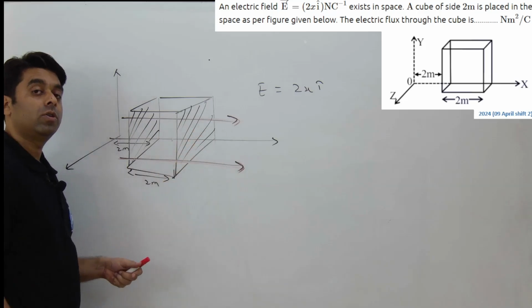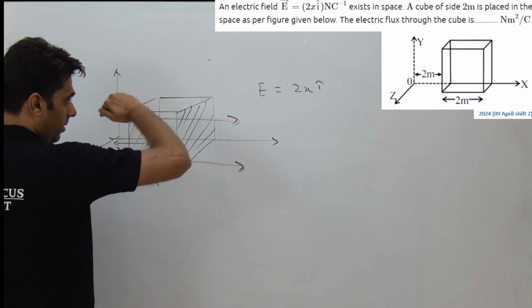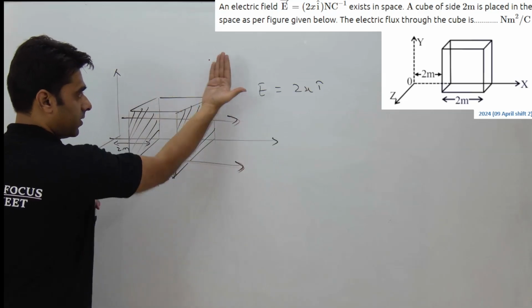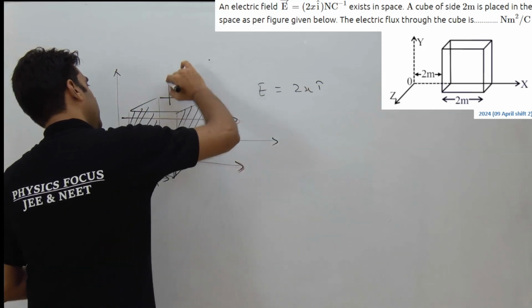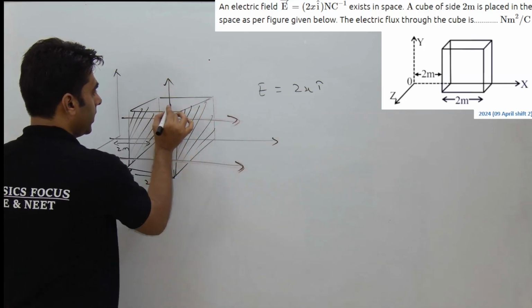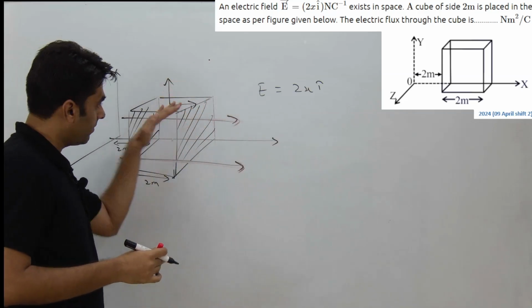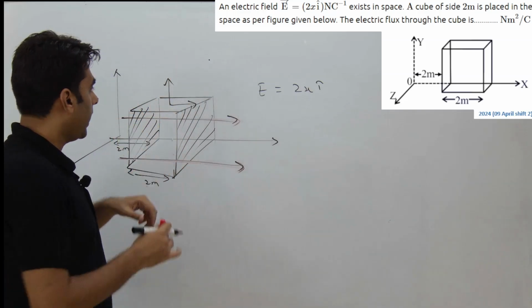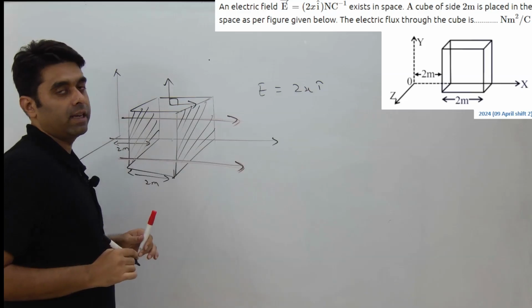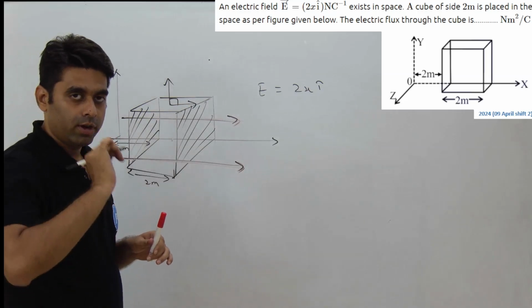Why? Because for all the remaining surfaces, I am talking about the top surface, bottom surface, the back surface and the front surface, the area vector is perpendicular. Electric field is positive x, the area vector for the top surface will be in y direction, 90 degrees. The angle between the electric field and the area vector is 90 degrees.